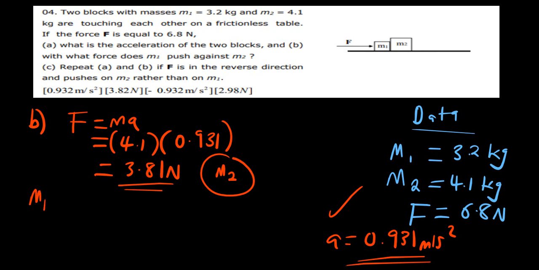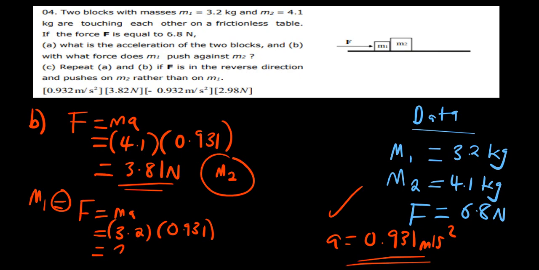The force m1 exerts is mass times acceleration. The mass for m1 is 3.2, multiplied by the acceleration, 0.931, because they are accelerating together on a frictionless surface. Solving 3.2 times 0.931 gives 2.979 Newtons.